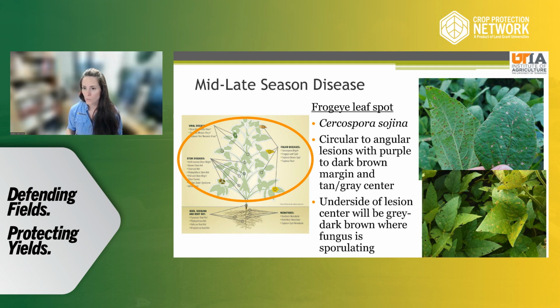Now, over on the right-hand side of the screen, there are two lesions lined up on the left, the upper picture being the upper side of the leaf, the lower picture being the underside of the leaf. And on the right, you actually see the frogeye leaf spot. So again, it's more grayed out, and especially when you look at the underside of that leaf, you can see the center of the lesion where it's sporulating. Versus when it's chemical injury, it's maybe more bleached out.